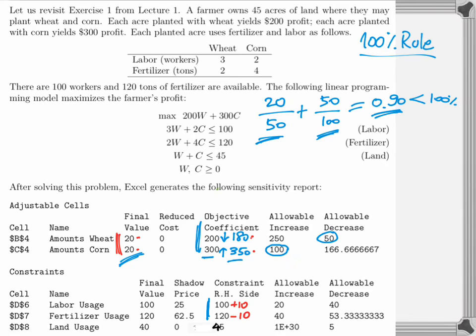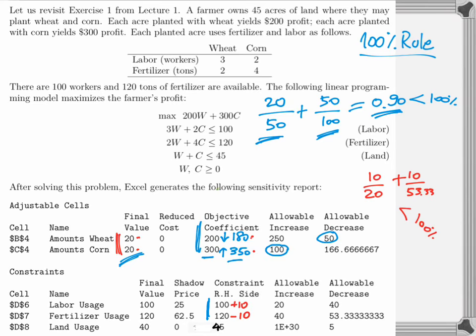For 10 more workers, the allowable increase was 20, so 10 over 20 is 50%. For 10 fewer tons of fertilizer, the allowable decrease was 53. I don't need to calculate to know that 10 over 53 and a third is less than 50%. Because the previous one was 50%, this whole thing is less than 100%.